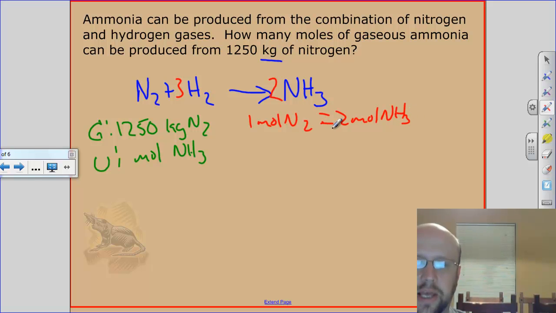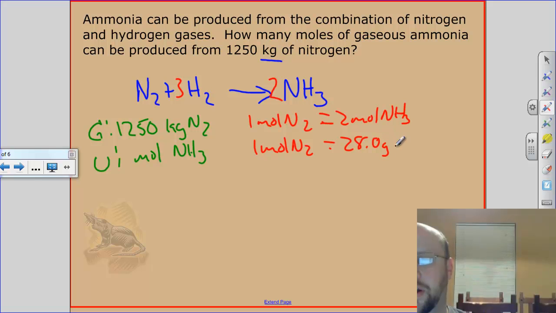Okay, so we've got that. I need the molar mass of anything that's in mass. So 1 mole of N2 is equal to 28 grams of N2. Again, how do I know that? Okay, nitrogen's 14 times 2 is 28. And then kilograms to grams we also need. So there are 1,000 grams in 1 kilogram.